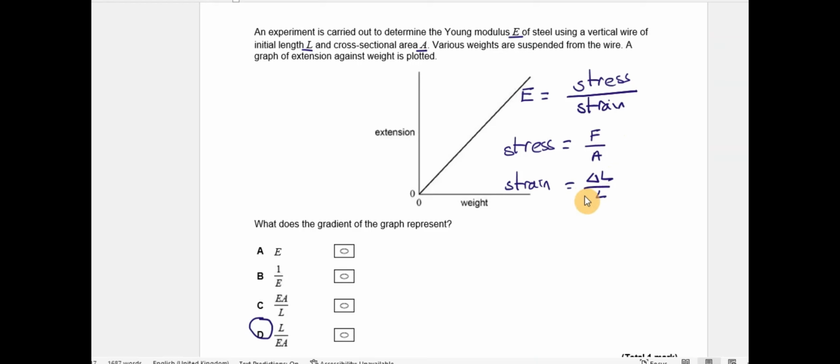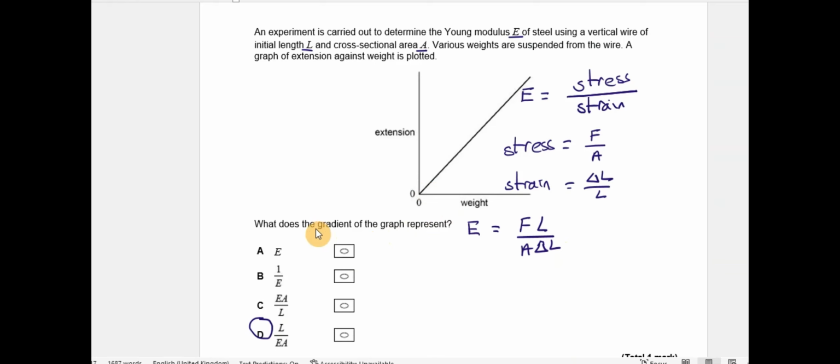I can substitute these for stress over strain in my original equation, and I find that the Young modulus is equal to the force multiplied by the original length over the area and the extension.